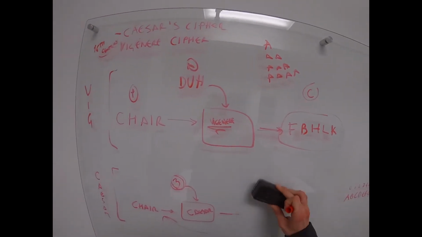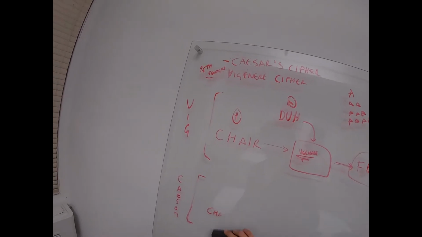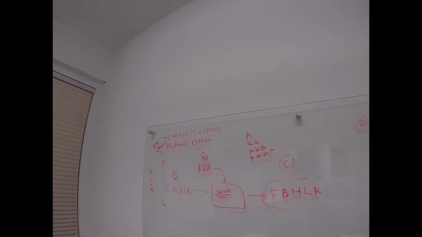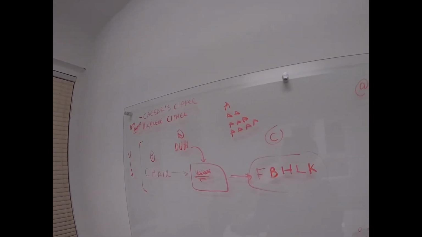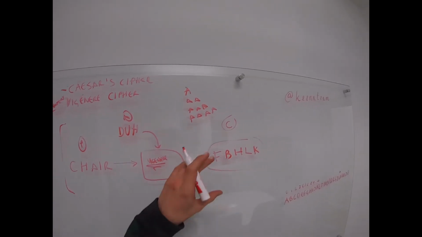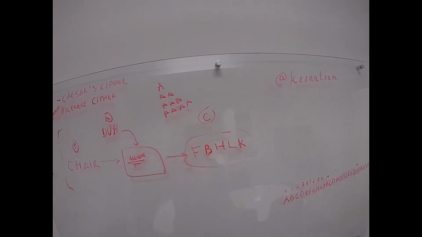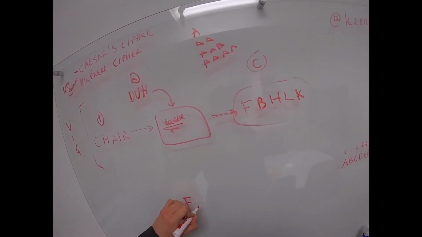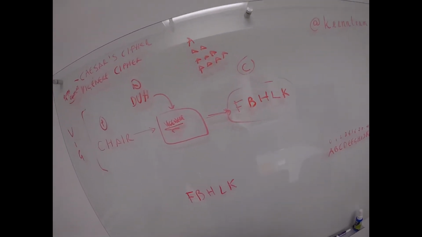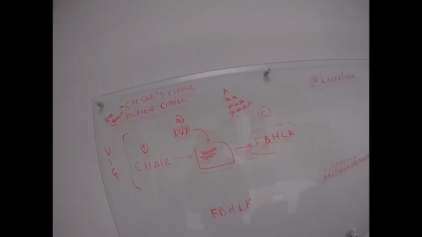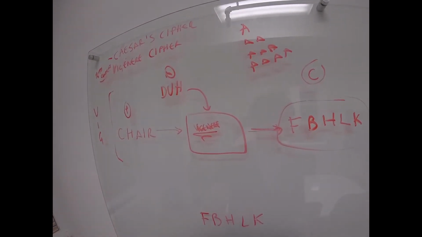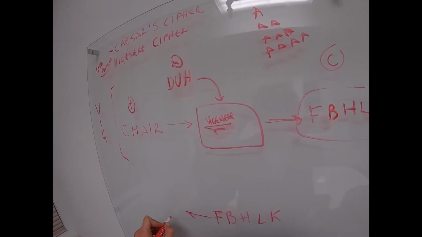So we see that breaking this is pretty trivial, so let's forget about the Caesar cipher and just consider the Vigenère cipher. How do we break this? Now, breaking an algorithm means that from a ciphertext, F, B, H, K, and knowing what kind of cipher was used, I am able to go back to the plaintext.